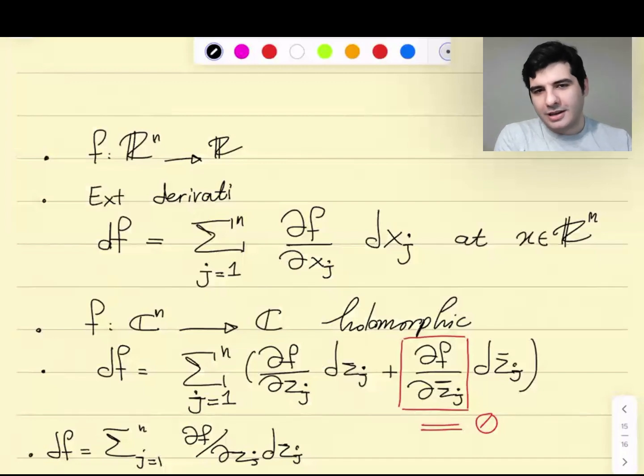So that would be our definition of holomorphic now. It's something which in the real sense is smooth, and when you look at its exterior derivative in the complex variables expansion, there is no dzj bar. You only see dzj.